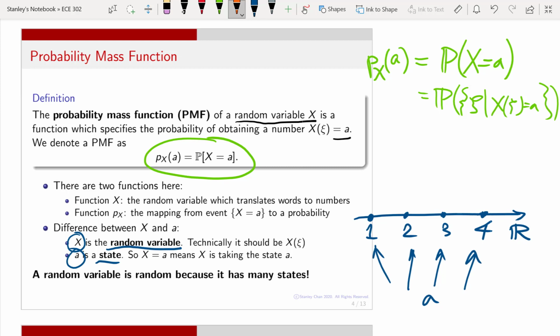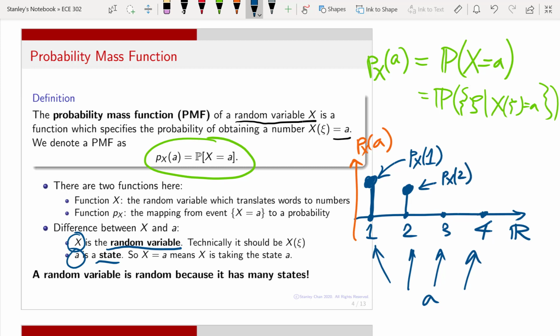And then if I'm drawing the y-axis as p_X of a, then this number at 1 will have some value. This number will refer to p_X evaluated at 1, and this point would be p_X evaluated at 2, and so on.